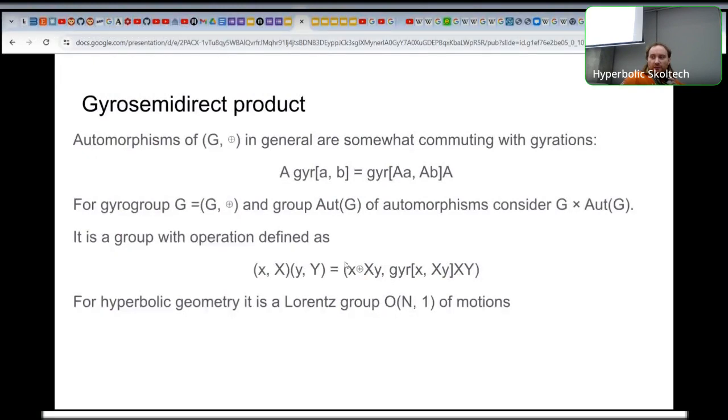For example, saying that one group is a semi-direct product of two others. And we have to define some operation between pairs. But what do we get after this?